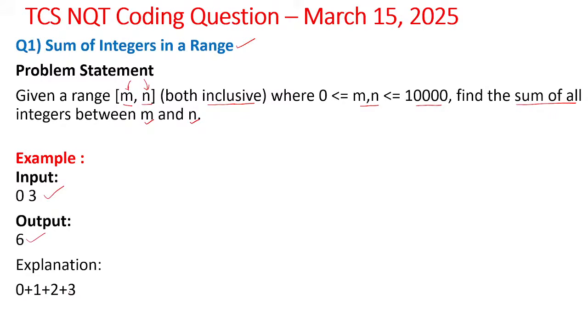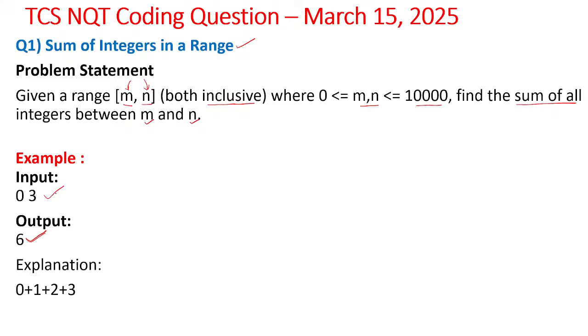Okay, 0 plus 1 plus 2 plus 3 gives the result as 6. So this is one of the questions given, pretty simple, and the question asked is: given a range, you need to just calculate the sum of the numbers between this range m and n.